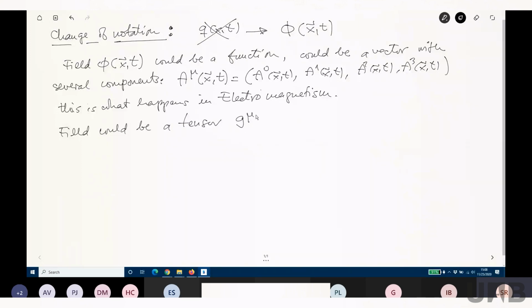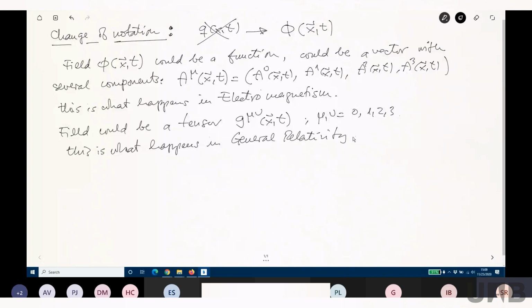This could be g mu nu of x and t, in which mu and nu would take values 0, 1, 2, 3, for instance. And this is what happens in general relativity, for instance. So the field itself could have an index, right?